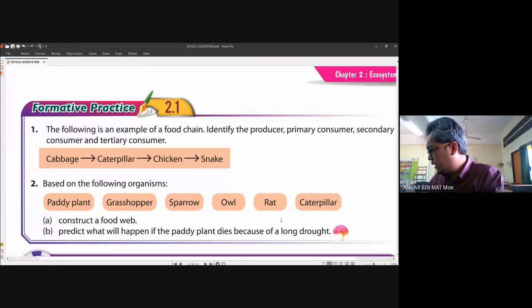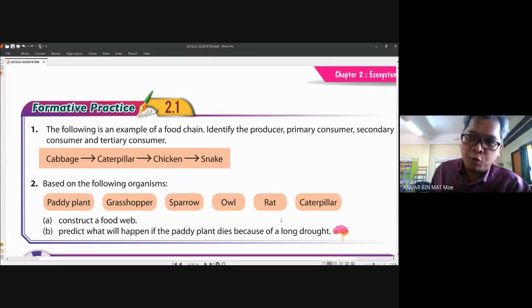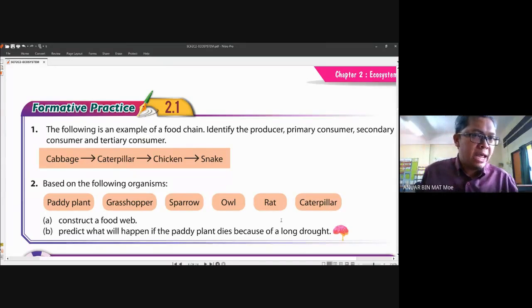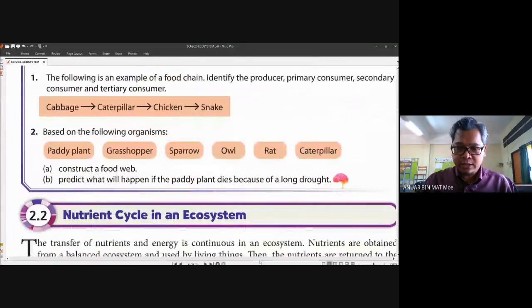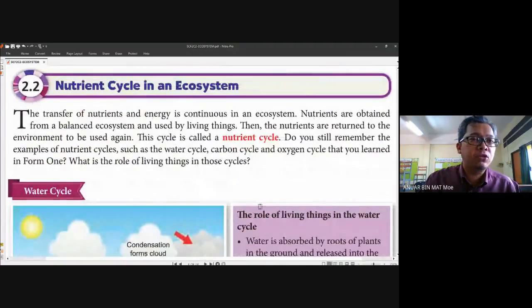I think we continue 2.2, because 2.2 is a short subtopic, no problem. Later on, you do the formative practice 2.1 here in your exercise book, like usual. So, if there is no question, I will continue to subtopic 2.2.